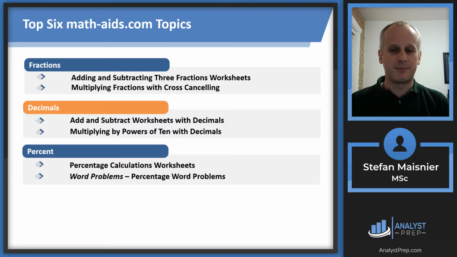So getting some percentage word problems is also a good place to go. And there's a lot of other topics and other GMAT-relevant information and worksheets within the word problems. But again, always be willing to go find other topics that you know you need to work on, from a manual translation or execution perspective, and do that through Math Aids.